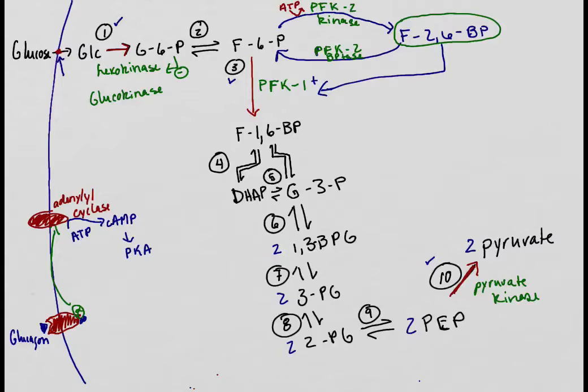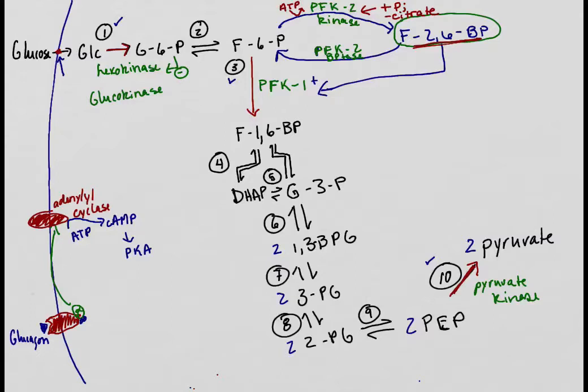And for example, inorganic phosphate upregulates this. And as well as citrate negatively inhibits it. So citrate downregulates. Let's see how that makes sense. If we know that PFK2 kinase is active, we know that concentrations of fructose 2,6-bisphosphate are high, which means PFK1 is upregulated.